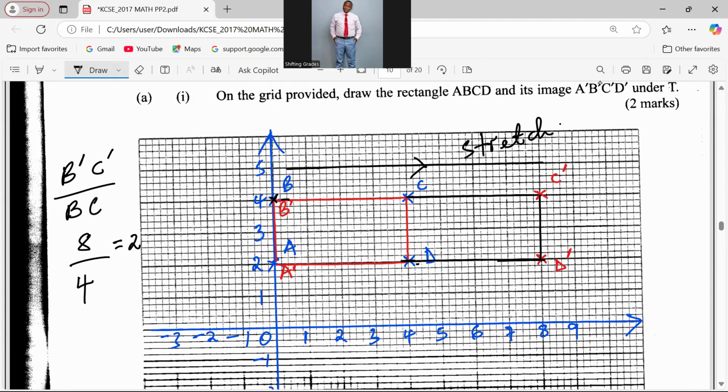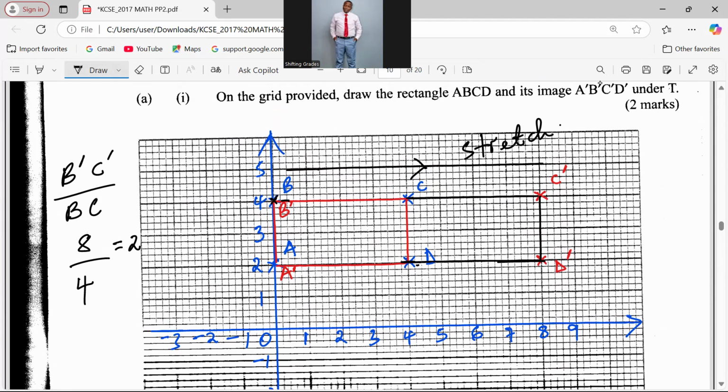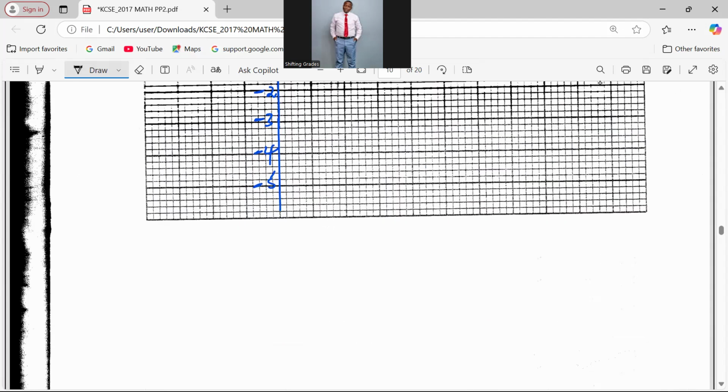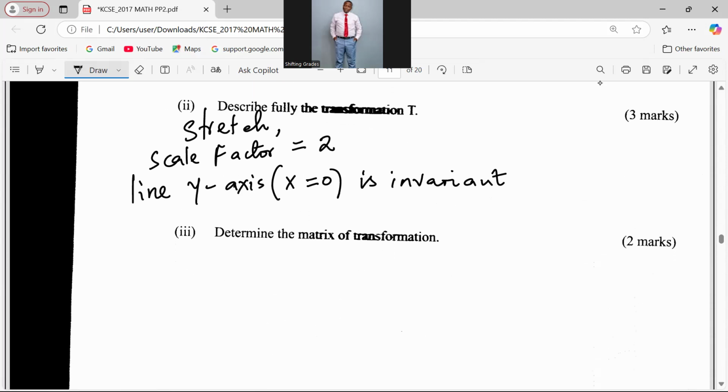If it was a shear, the direction of shear is usually parallel to the invariant line. So during a shear, direction is parallel to invariant line. During a stretch, like our case here, direction is perpendicular to invariant line. So it is easy for us to identify the invariant line.